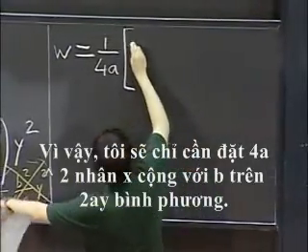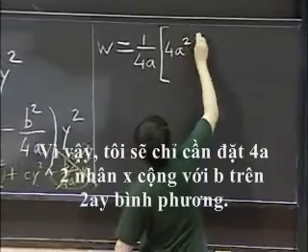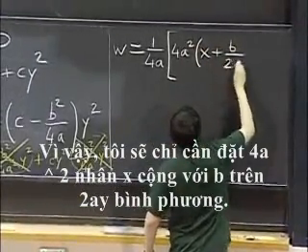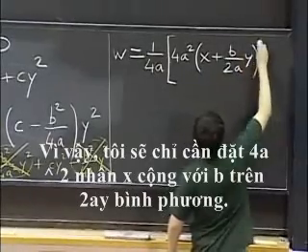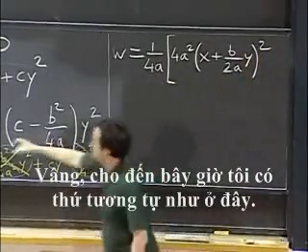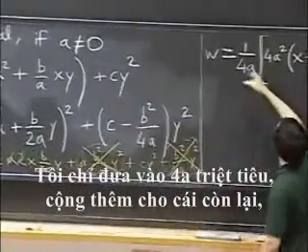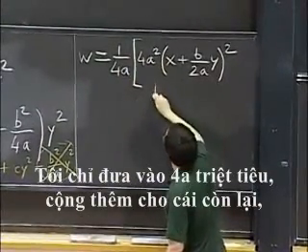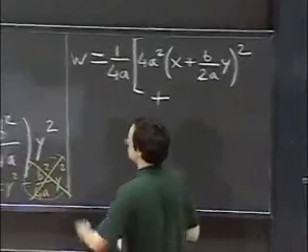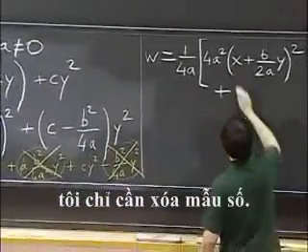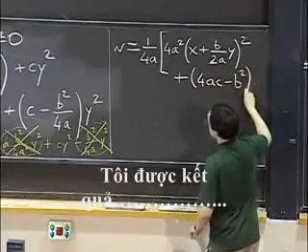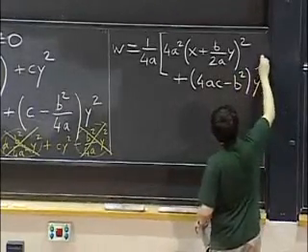So I'm going to put 4a squared times x plus b over 2a y, squared. So far I have the same thing as here. I just introduced a 4a that cancels out. Plus, for the other one, I'm just clearing the denominator. I end up with 4ac minus b squared times y squared.